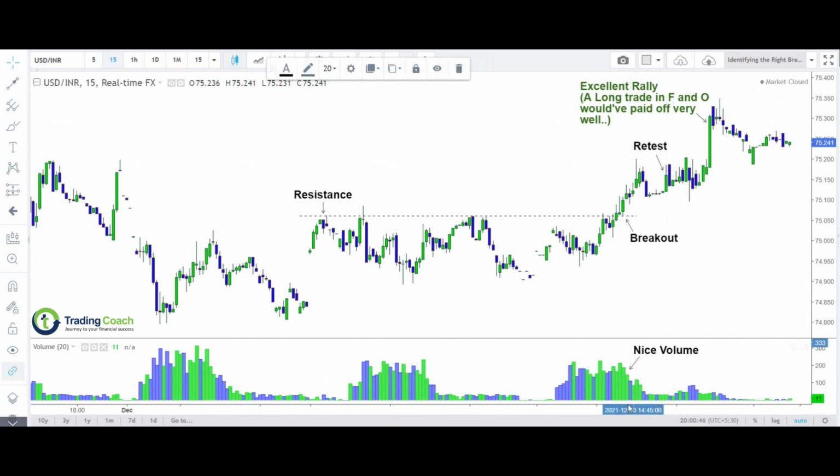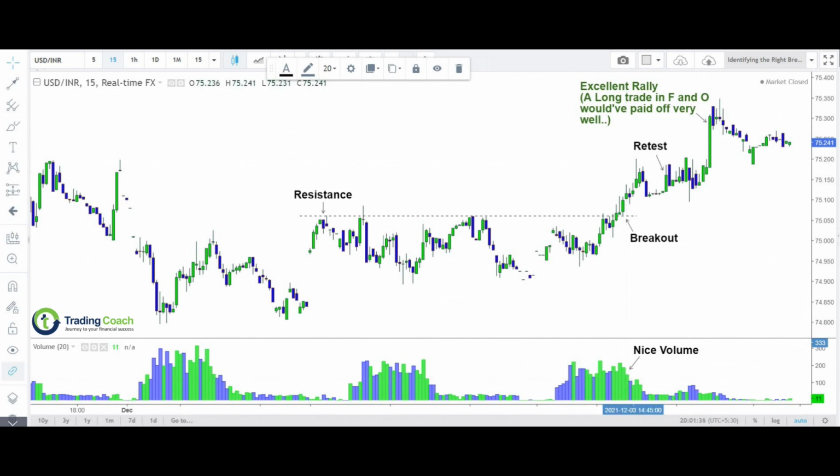So you had a nice volume exactly at the breakout, and that's the reason why the breakout ended up as a successful trade. Once again, if you see an upside breakout correlating with a very strong increase in bullish volume, that is likely to be a very good breakout for us to take a long position.